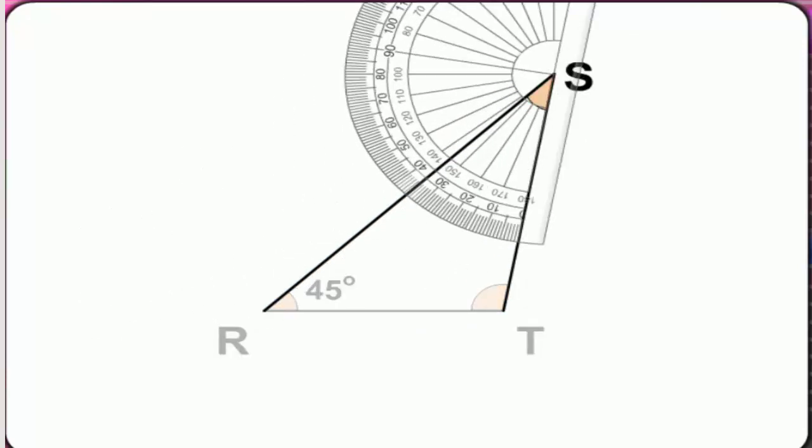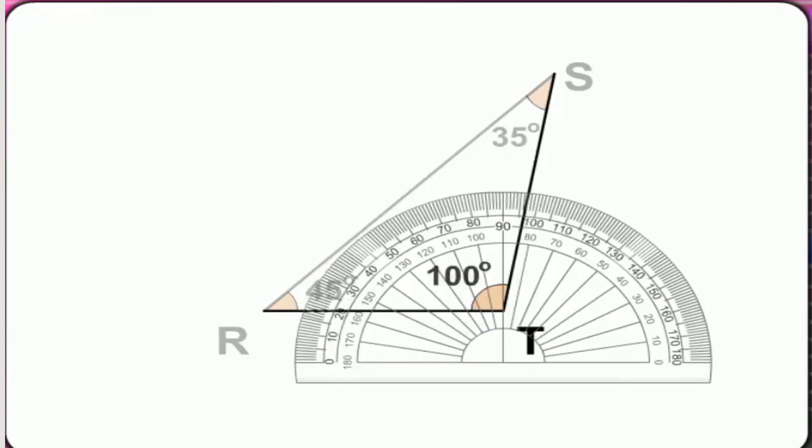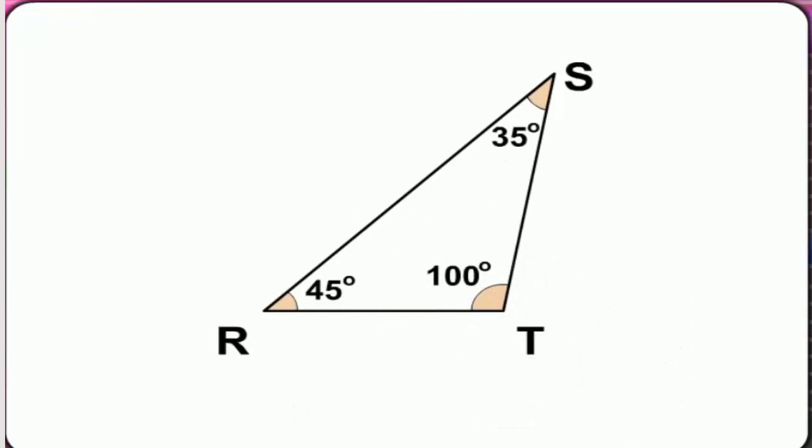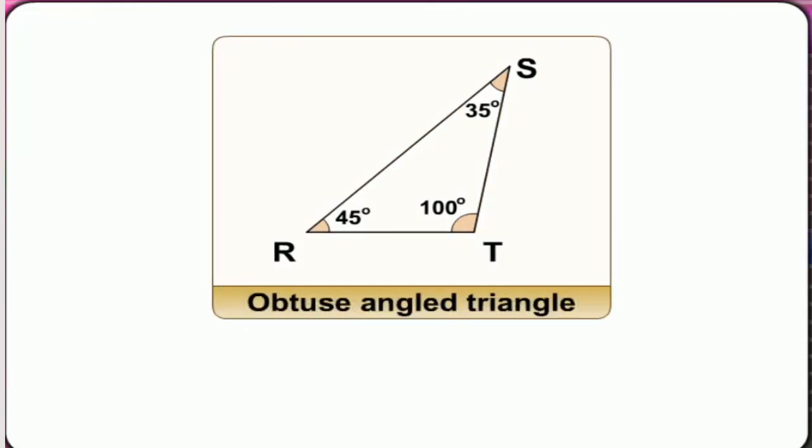Angle S is equal to 35 degrees. And angle T is equal to 100 degrees. Here, the angle T is equal to 100 degrees. So, the triangle RST is an obtuse angled triangle.